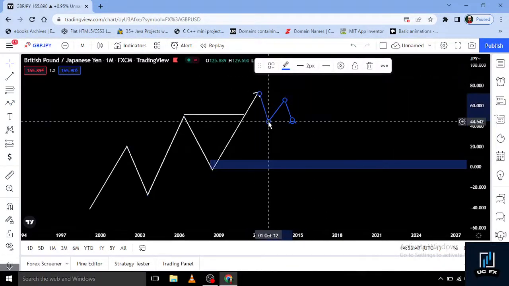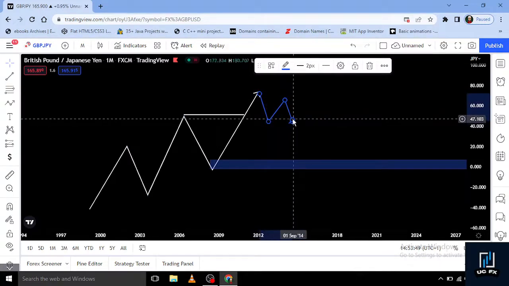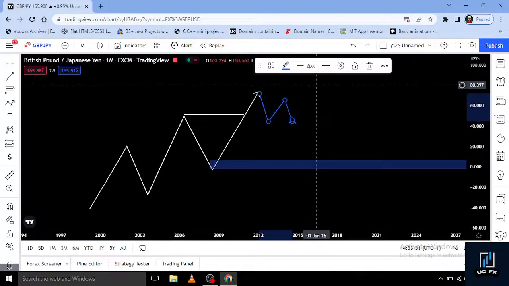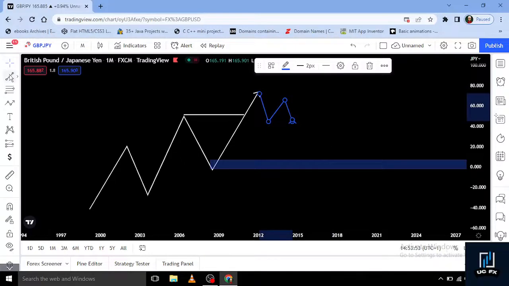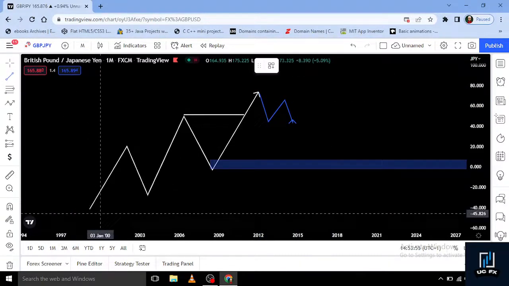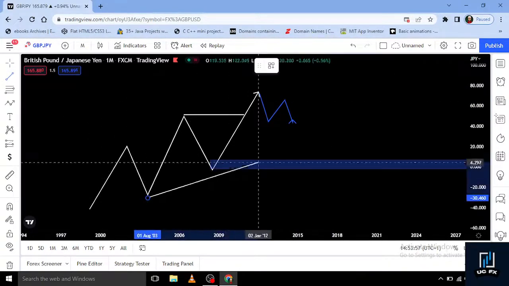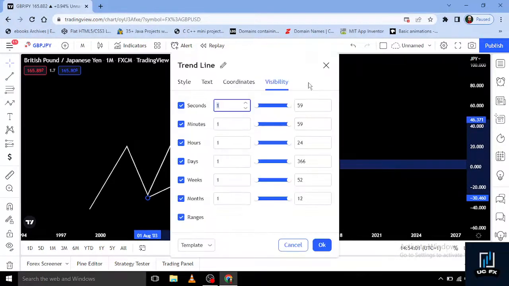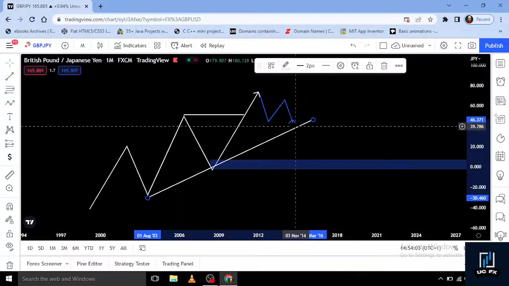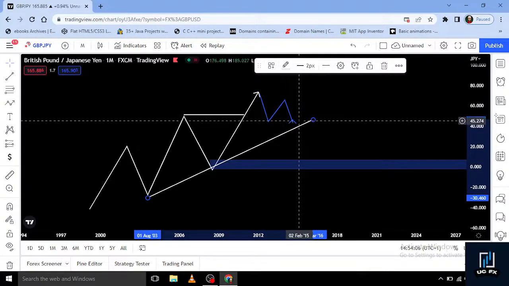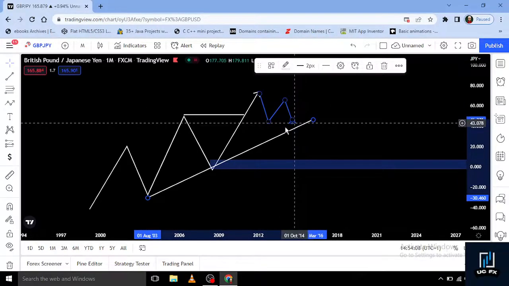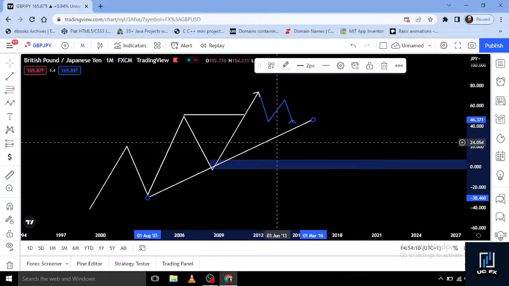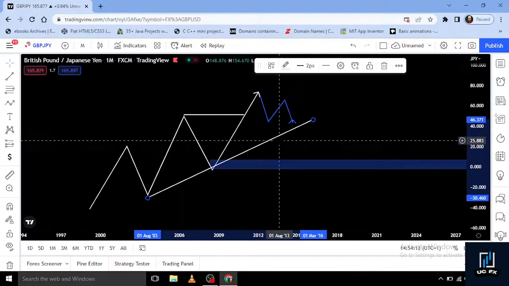Most people will see this place as a resistance area, trying to go long to continue the uptrend. And most traders will as well think that this is a trend line. You see? They'll think that this is a trend line, or the market is actually going to buy from this area. Although sometimes the trend line might work, it depends on what the smart money is trying to do.